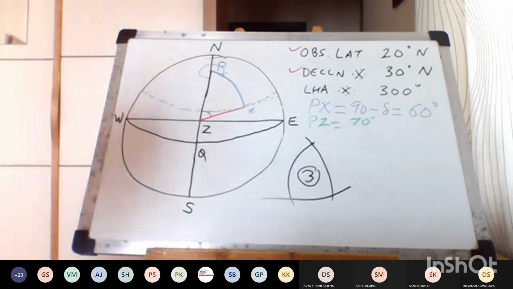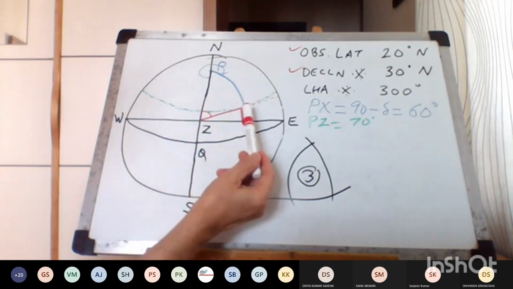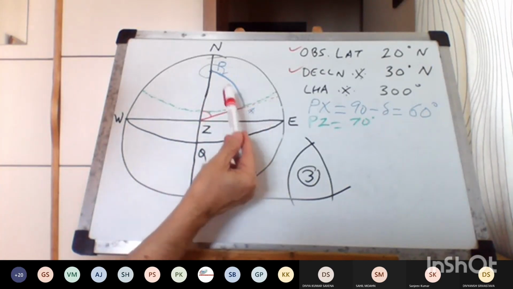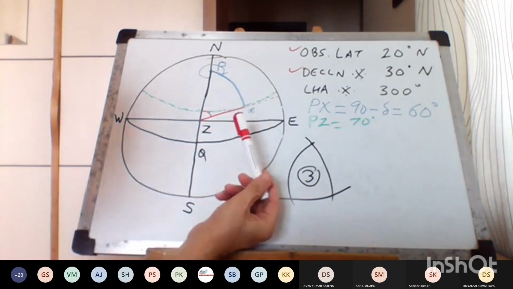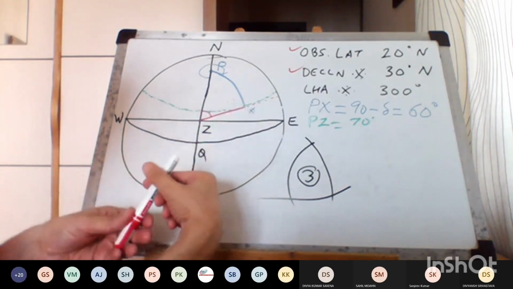So let us not talk about the LHA now because longitude is involved, so that is a DR. Let us say I took an azimuth, I got one angle. I took the sextant altitude, I got one side. And from the time on the chronometer, I checked the declination of the body and I got side PX.